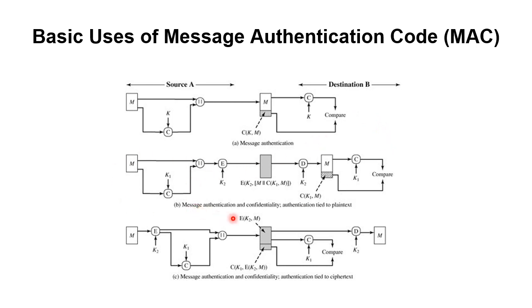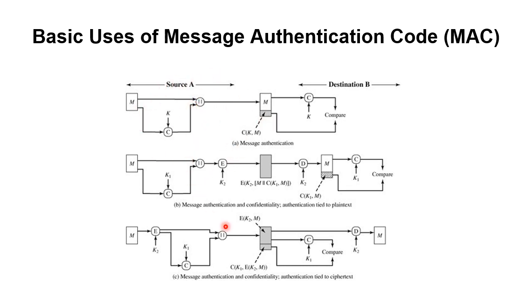The second way of using the MAC ensures message authentication and confidentiality. It is the same diagram, an extension of the first scheme. After appending the MAC along with the original message, the entire content is encrypted, because in the first scheme the message is sent simply in an environment where a third party could read it.